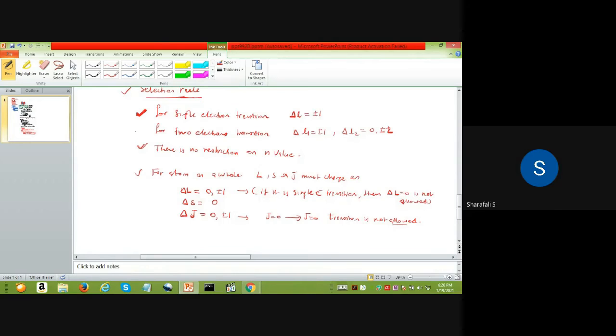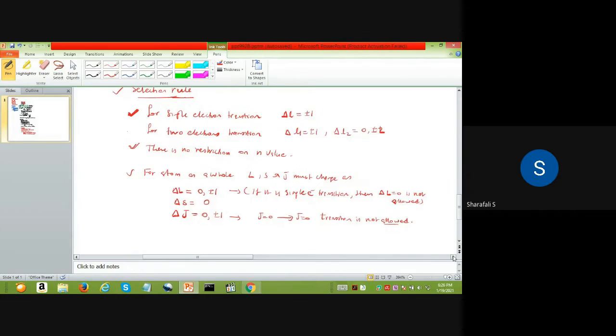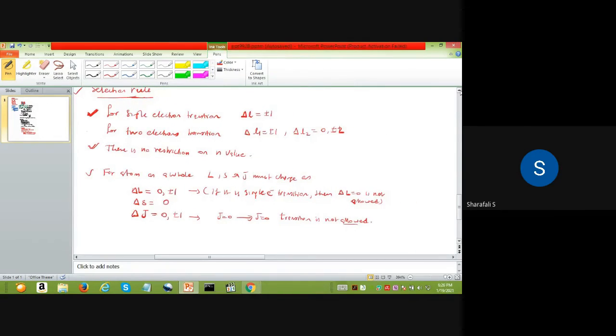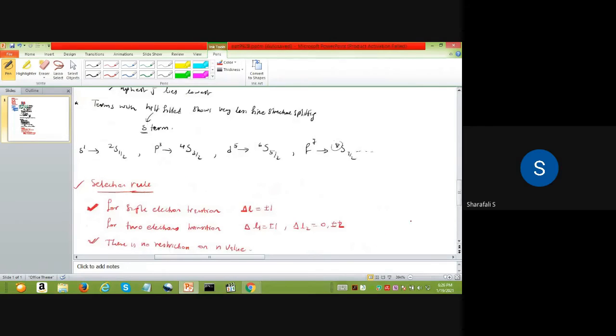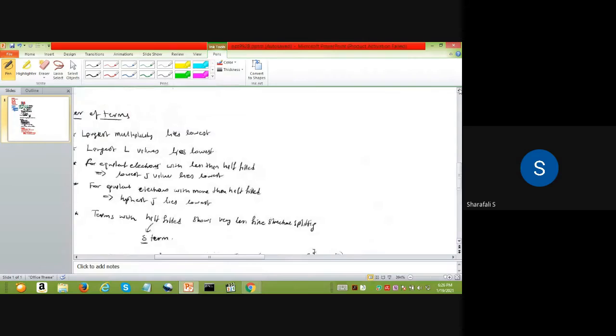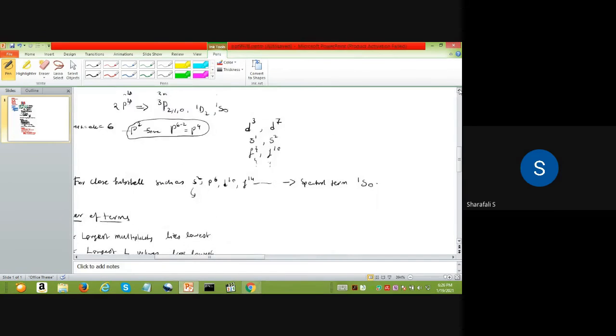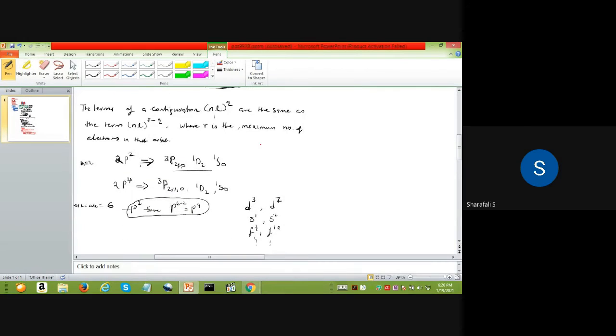Okay. So these are the important points regarding LS coupling. So what are these transitions? I will just show you, I will check. In this 2p2 state, I'm getting different states. This p2 is one energy level before LS coupling, with definite L and S values.